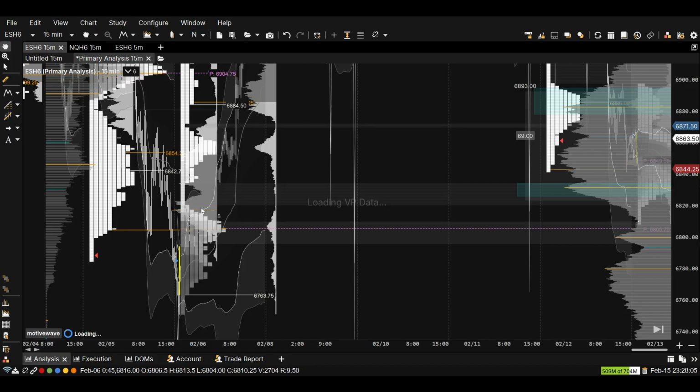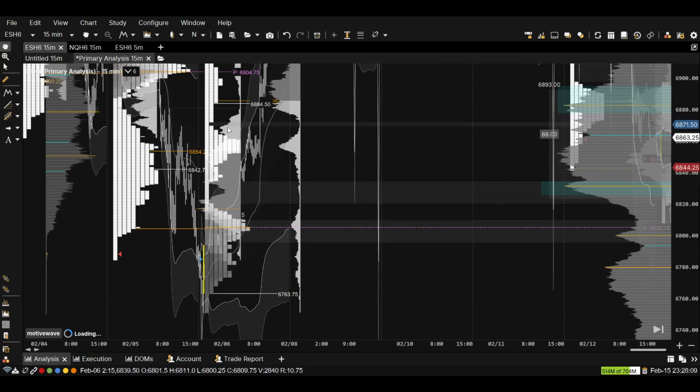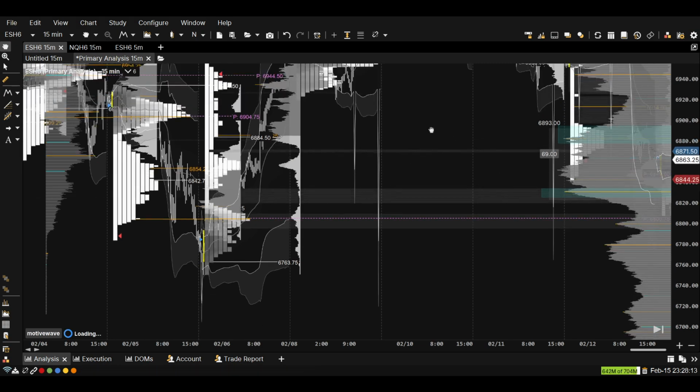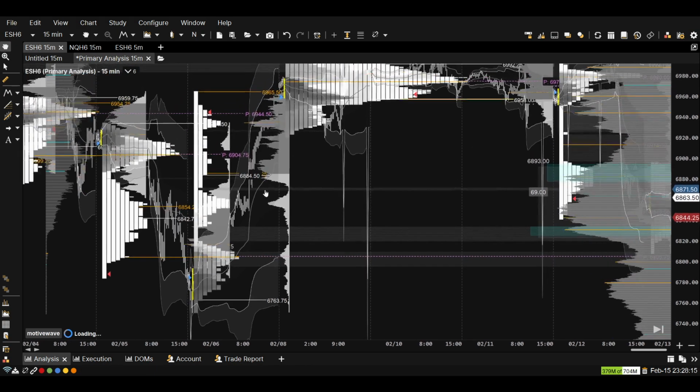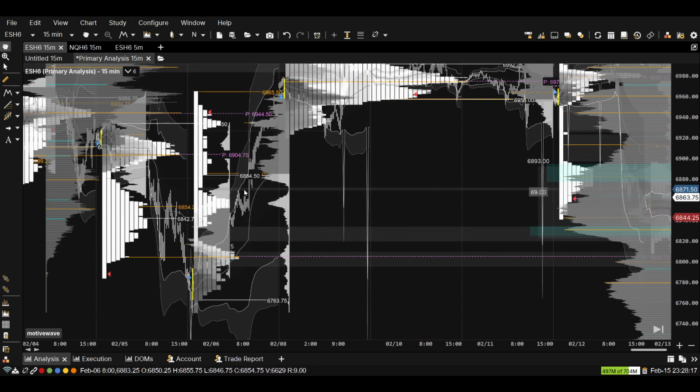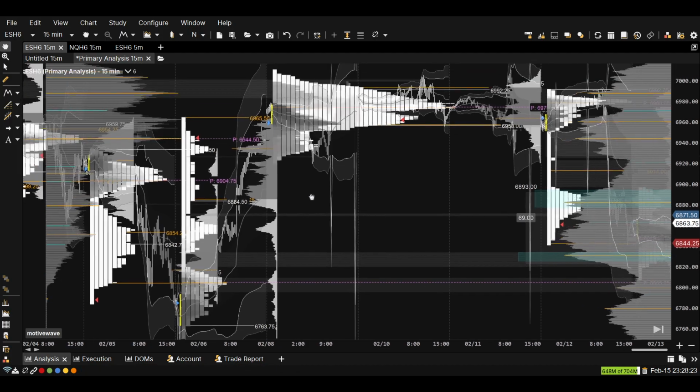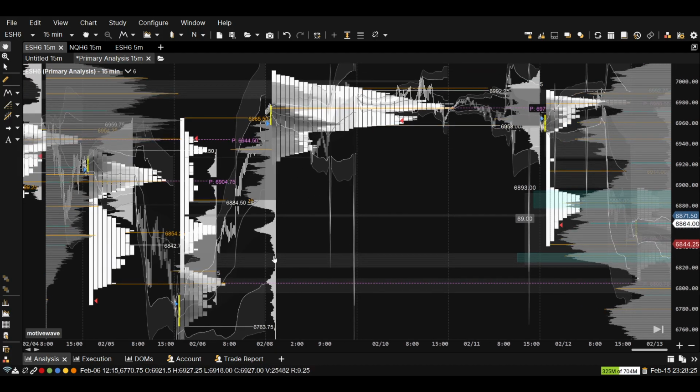We had a high volume node in this area, in the time price opportunity. Why is that important? It's important because this is the last high volume node created before this huge rally.